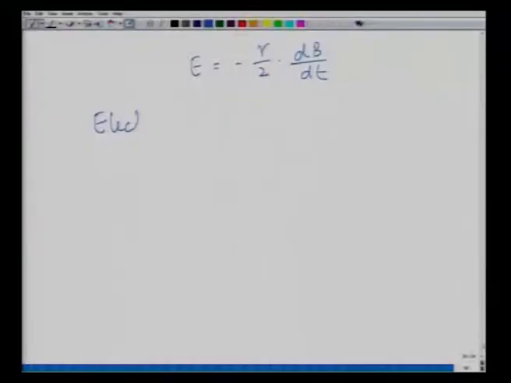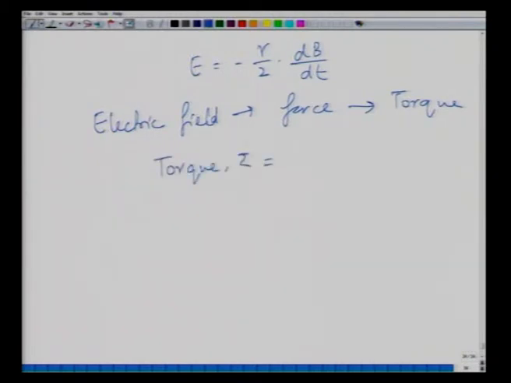Now, when you have this electric field present, what does it do? This electric field gives rise to a force, and this force gives rise to a torque. The torque tau is F times r, and F is minus e E, multiplied by r. Let us say both of them are collinear.